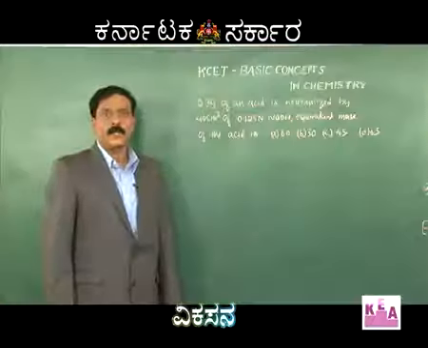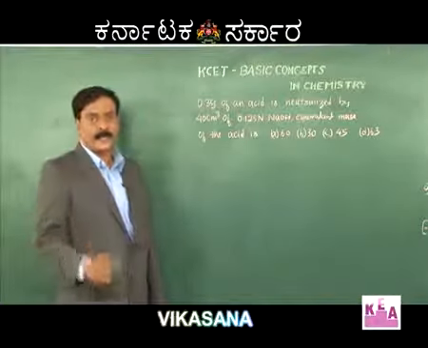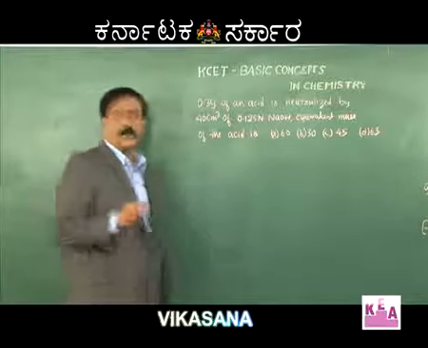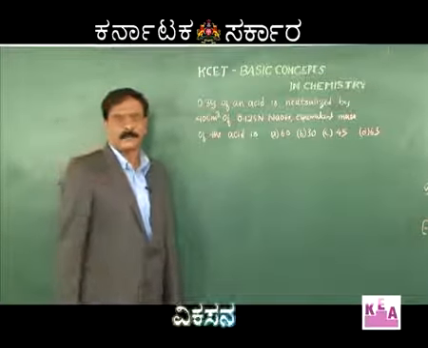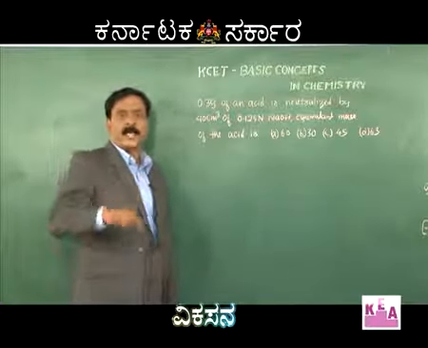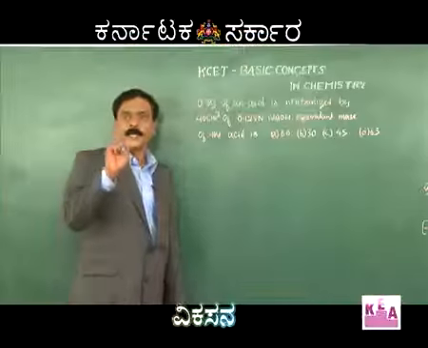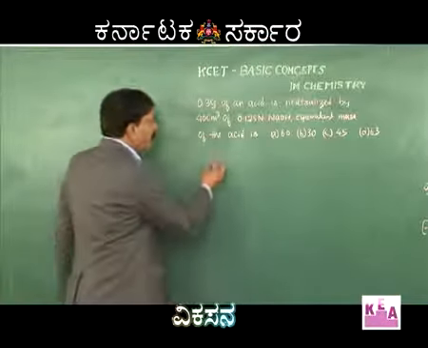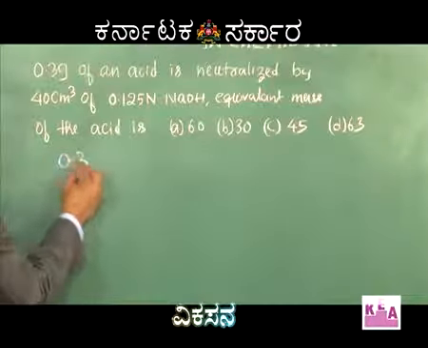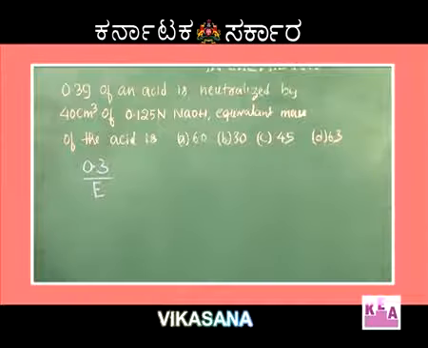Students, here you should note that whenever two substances react, they react in the ratio of their equivalent masses. One equivalent mass of substance A will react with one equivalent mass of substance B. What is given here? 0.3 gram of an acid. 0.3 gram of an acid will be equal to 0.3 by E, where E is the equivalent mass of the acid.